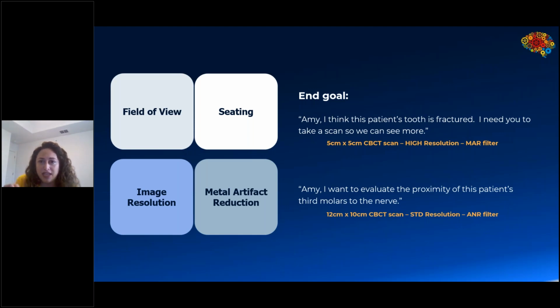So these different fields of view or parameters that you're using before you take a scan are 100% related to the question you're trying to answer. We don't want to take 4 small scans whenever you want to evaluate proximity of the nerve to the APCs. In that specific case, you would be subjecting patients to much more radiation exposure.